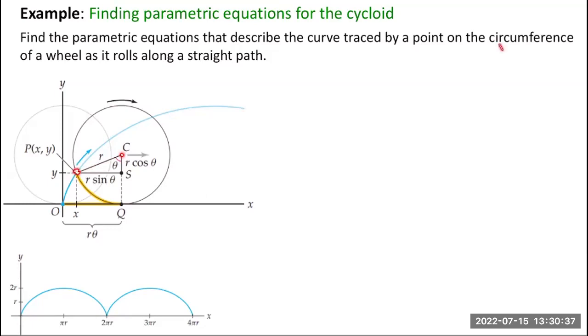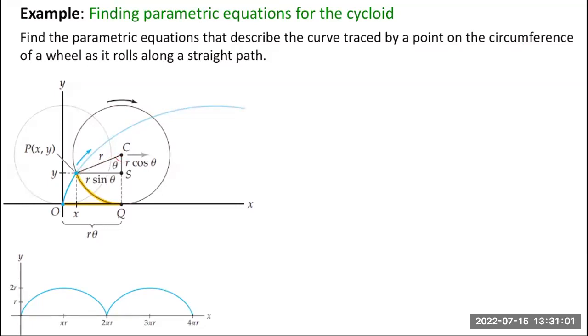So this angle I'm going to take as theta. Now I'm going to parameterize the path of this point using this angle theta. Again, r is a constant. I'm going to parameterize the curve traced by this point using theta.